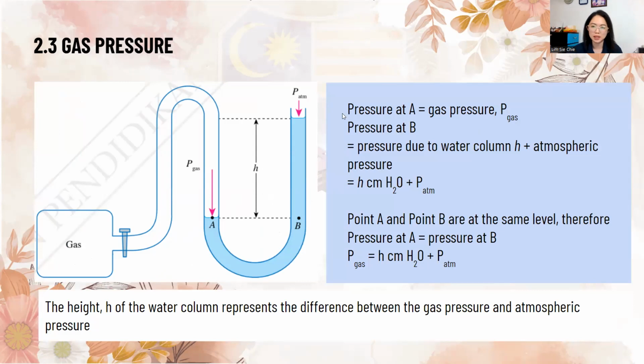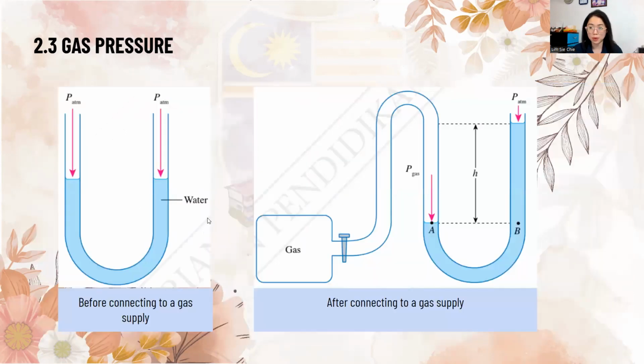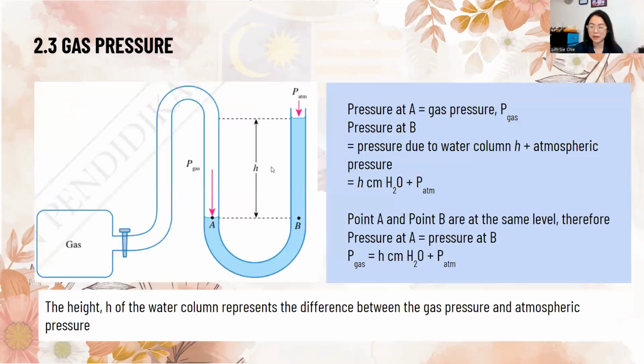Now see here. Initially, the pressure at A is equal to the gas pressure P. Initially, I have atmospheric pressure where both sides are the same. Then after I supply the gas, you will see P for the gas here and also the atmospheric pressure. So the pressure at A is equal to the gas pressure.